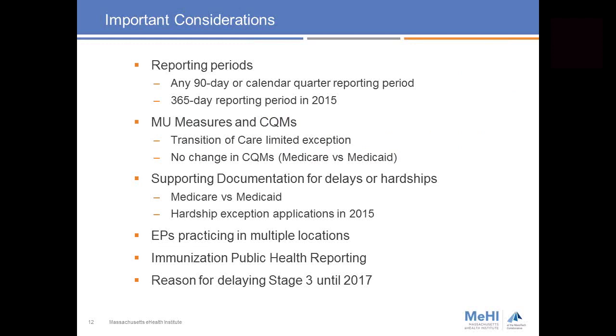One of the questions which I've already passed on to CMS is, okay, this becomes effective October 1st. You set a deadline of October 1st for people to attest for Medicare, and actually Medicaid as well, to avoid the payment adjustment for next year. Can we attest using the 2011 version on October 1st? I wanted to ask that question first because I know somebody out there is going to ask it. We don't have the answer at this point, but it will be something to keep in touch with us on.